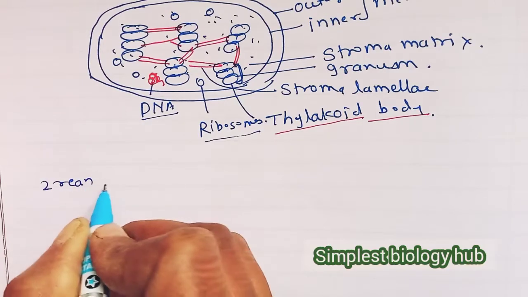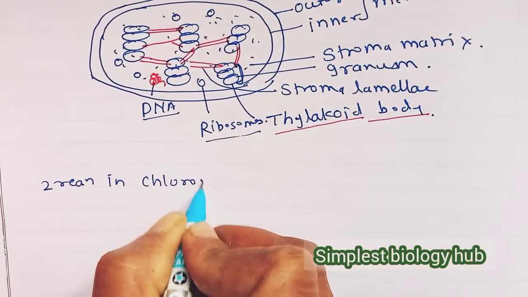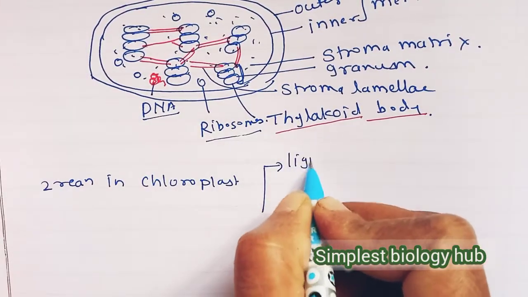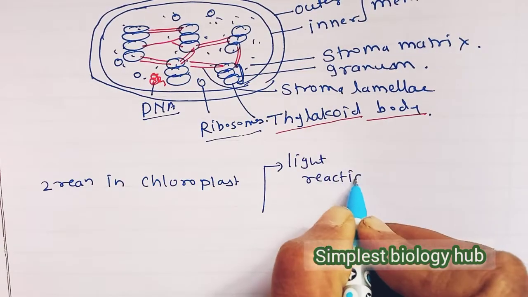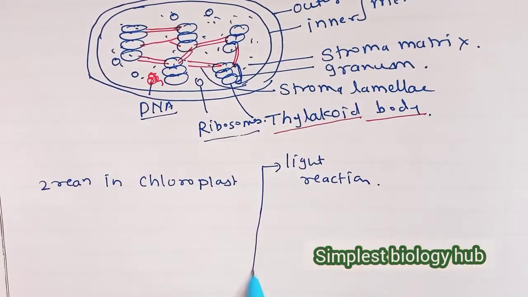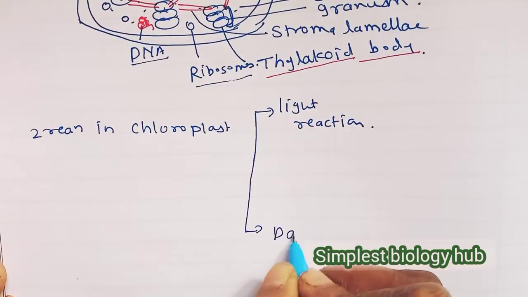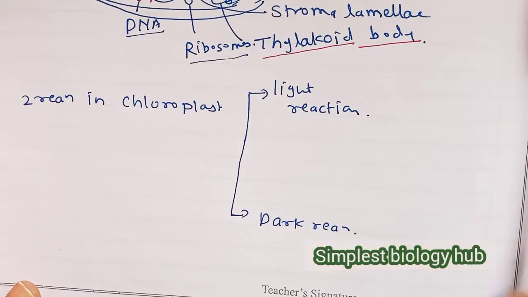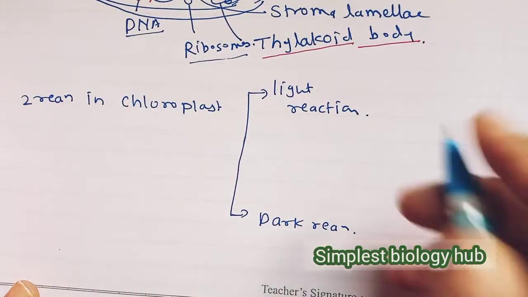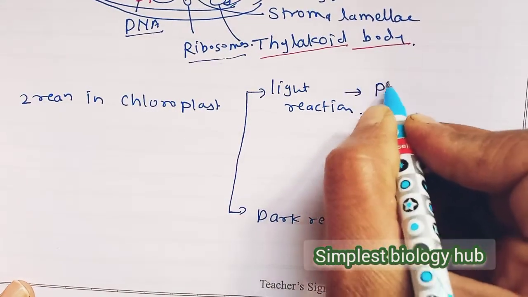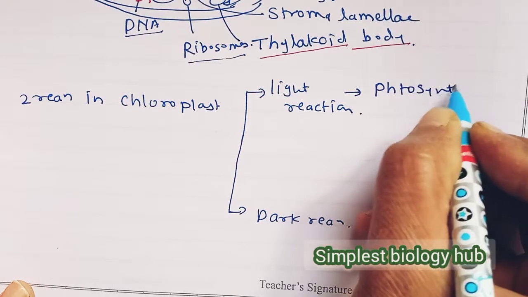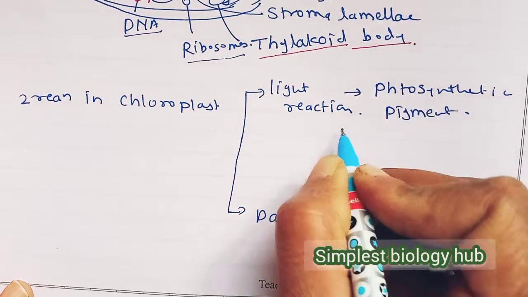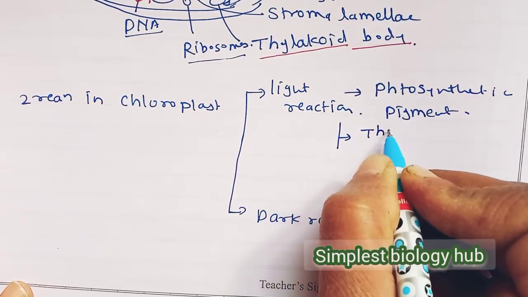The one reaction we call the light reaction, and the other we call the dark reaction. In the light reaction, light is essential, and it takes place in the photosynthetic pigment. Where does it occur? It occurs in the thylakoid membrane.